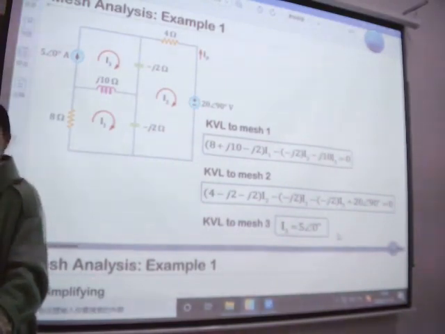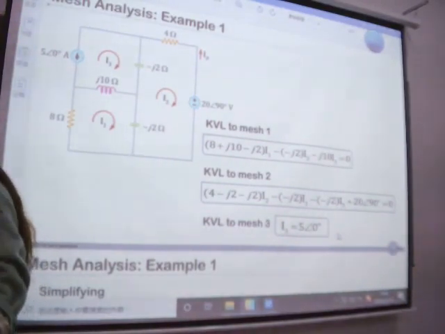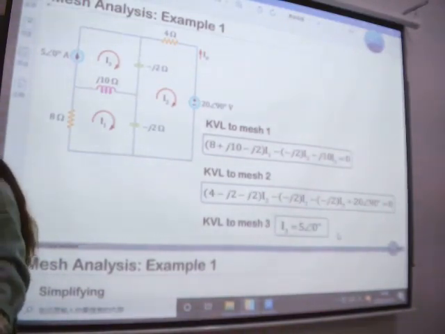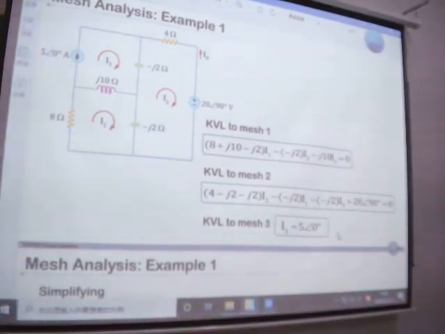Because for this one, we can put it into a big matrix with I1, I2, I3, and V. We can get an expanded matrix, get this type of equation, and then use MATLAB to solve it.